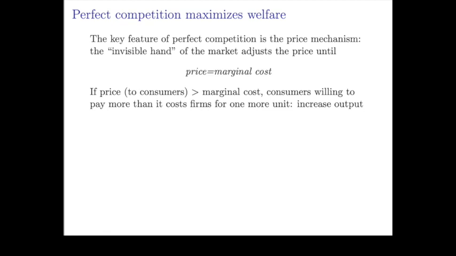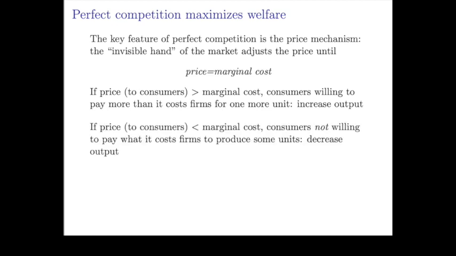And so you should be producing more output. If the price is too low, what that reflects is that the value of the good is lower to the consumer than what it costs the firms to produce. So it doesn't actually make sense societally for these goods to be produced. So the firms should reduce their output.